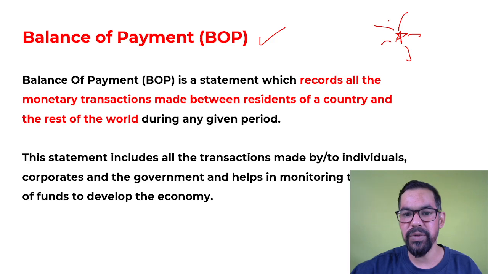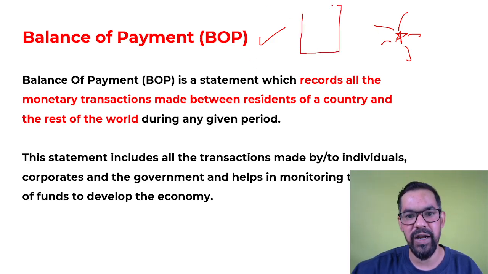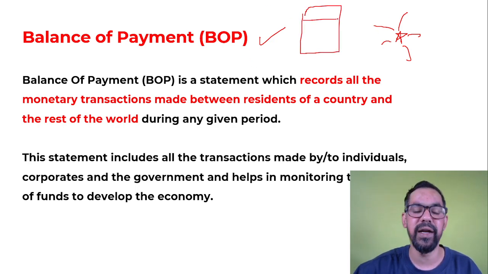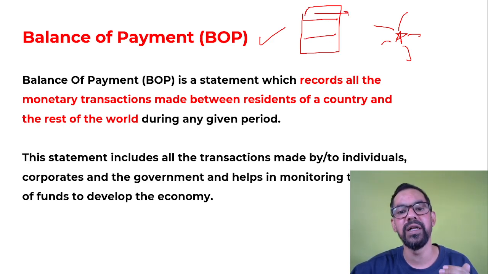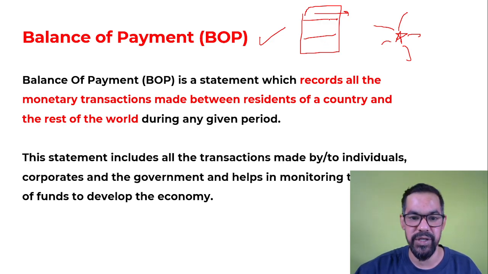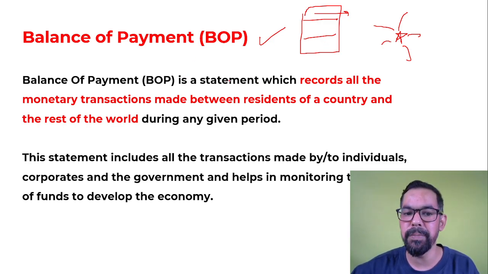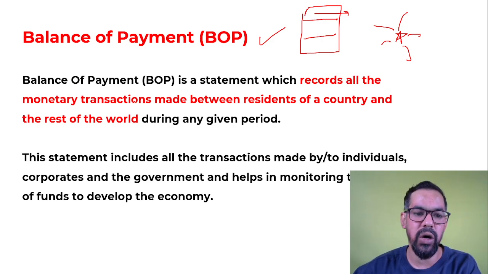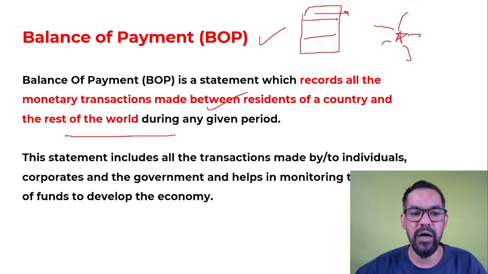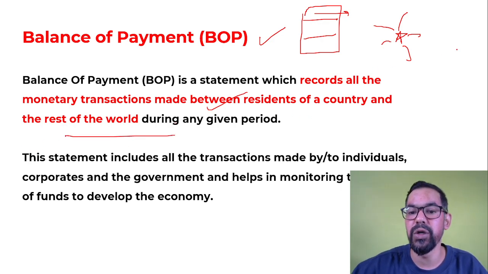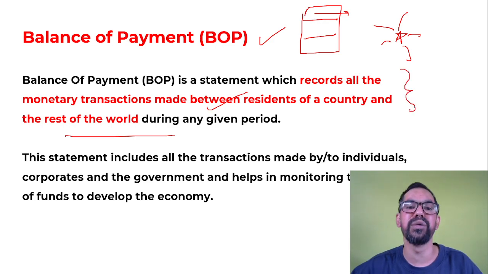For this we have different heads as well: the current account, the capital account, and the financial account. The current account deals with goods and services, and the capital and financial accounts deal with investments. Balance of payment is a statement which records all the monetary transactions made between residents of a country and the rest of the world during a financial year or a given time duration.